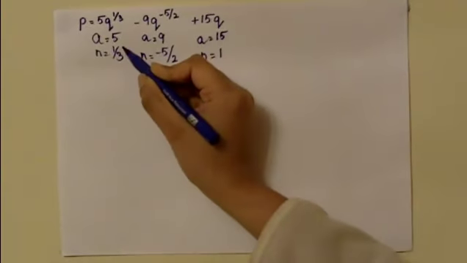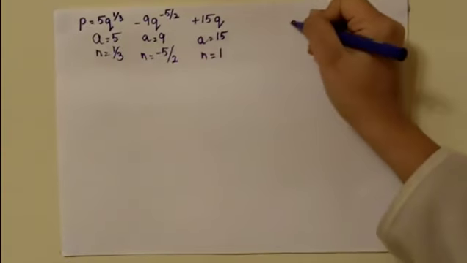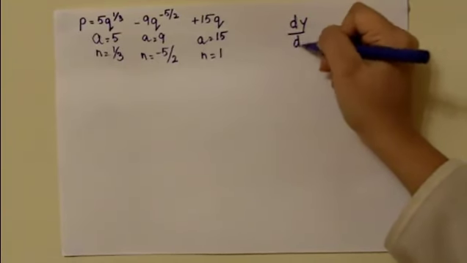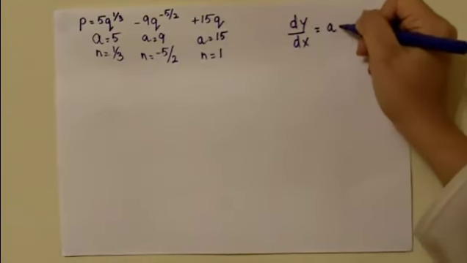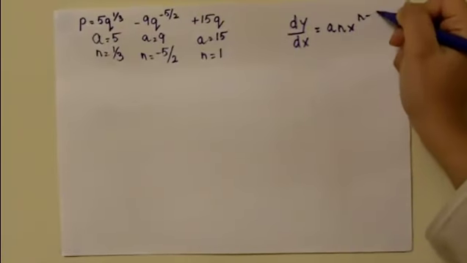Now substituting the values of a and n into the formula, dy over dx is equal to anx to the power of n minus 1.